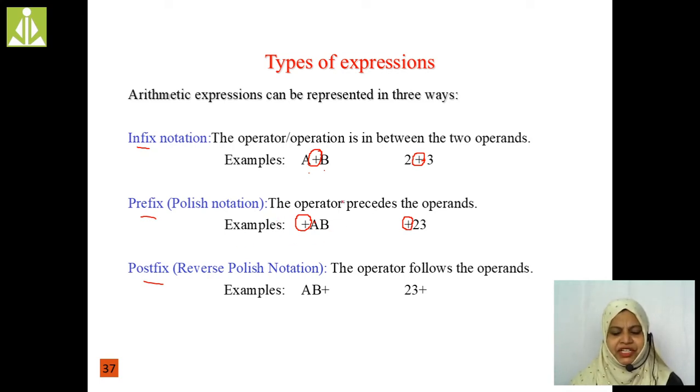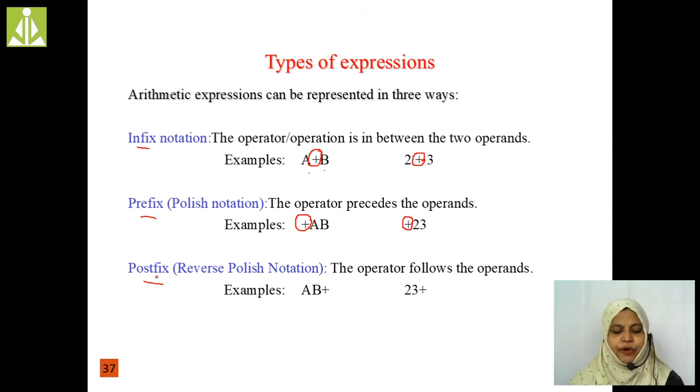In this notation, the operator is represented before the operands. This prefix expression is also known as Polish notation.